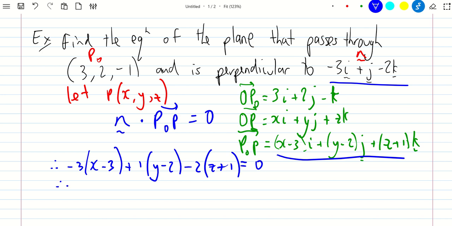Let's expand that. I'll put all the x's and y's together: negative 3x plus y minus 2z. And I'm going to put everything else on the other side. So we're going to have negative 3 times negative 3, which would be plus 9. If I move it to this side, it's going to be minus 9.